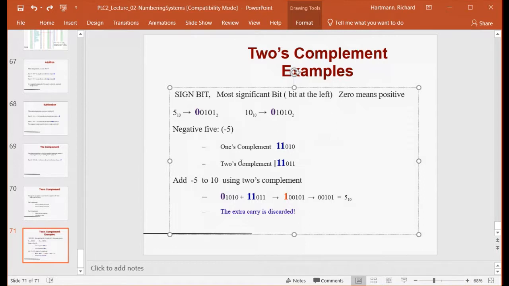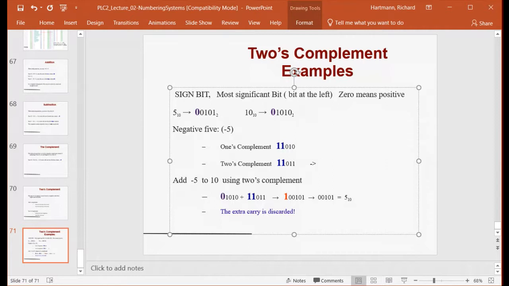But I don't have the subtract circuit, I have to add it. So what I'm going to do is negate this. So this right here is -5, and I want to negate it. Basically I'm going to flip the sign on it.